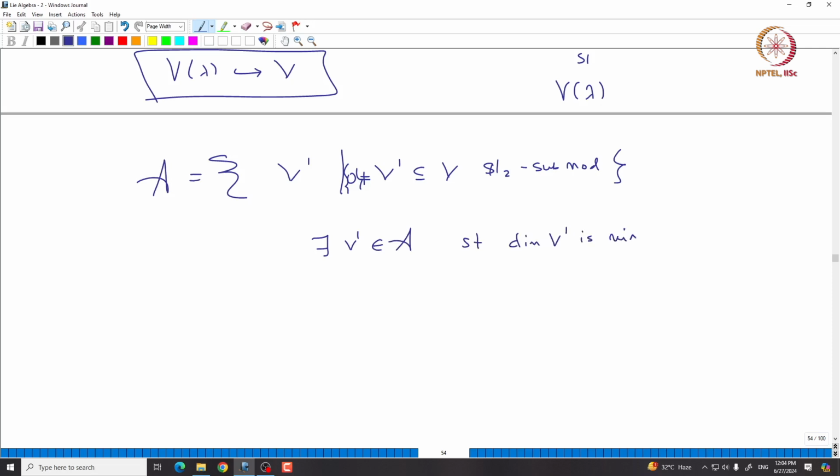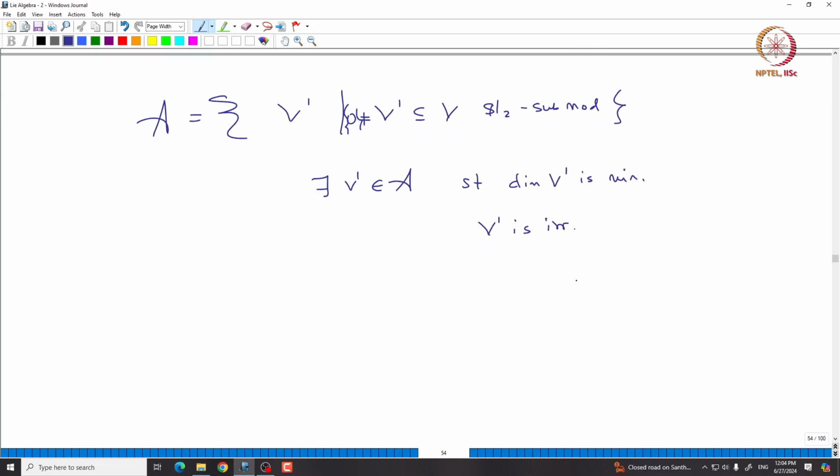So, now V dash must be irreducible, because if it is not irreducible, then it will have a proper non-zero submodule. Okay. That will actually give you a smaller dimension module. So, that we cannot have, because this is the minimum dimension that we have. Okay. So, more or less this general argument forces that any given finite dimensional representation always has an irreducible subrepresentation.